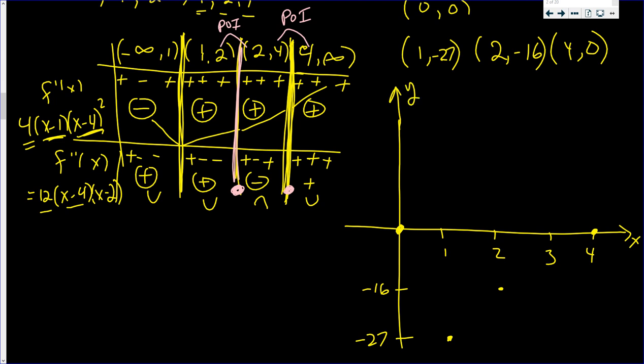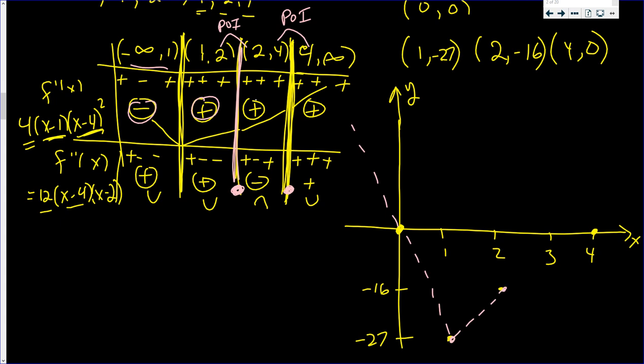Now, what happens? Let's look at the first derivative. So, from negative infinity to 1, I'm decreasing. So 1 is way down here. And I have to cross the origin. So I am decreasing. After 1, that is from 1 to 2, I am increasing. I have to cross there.